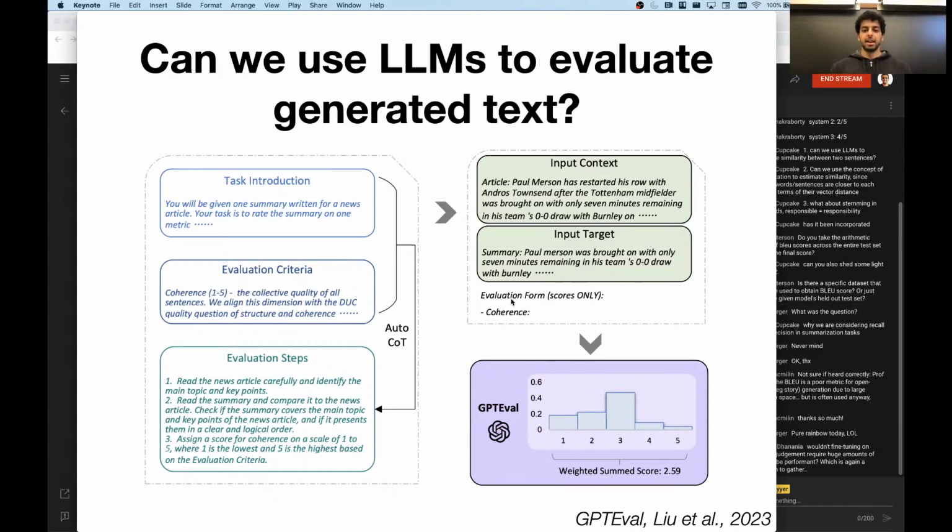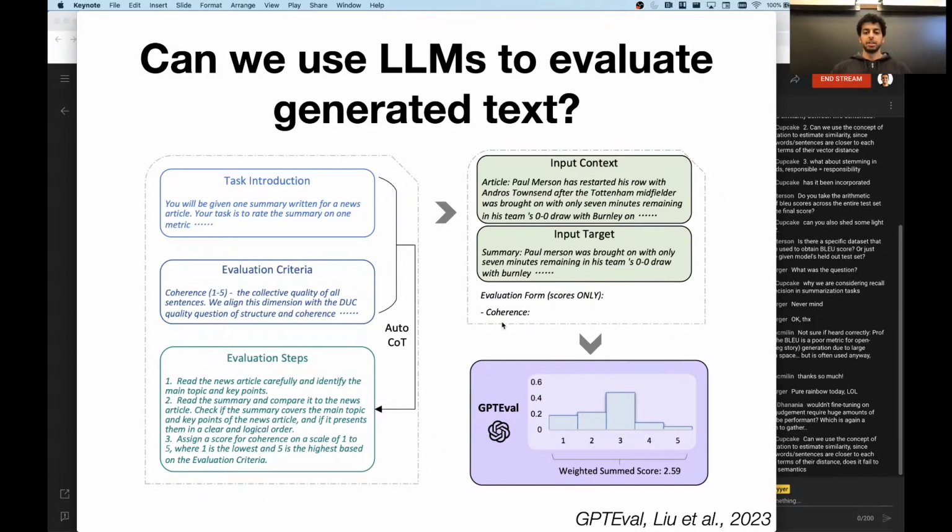And then you say "evaluation scores only coherence:" and you look at the prediction of the next word. And obviously you told it to rate the coherence on a scale of 1 to 5. So you can look at the predicted probabilities of the tokens 1, 2, 3, 4, and 5 conditioned on all of this text.